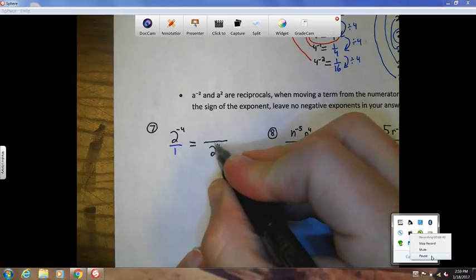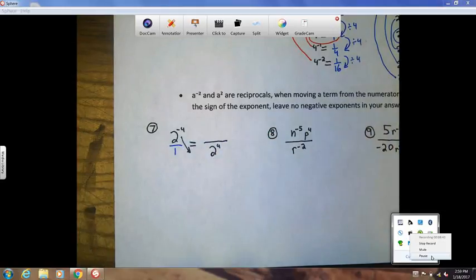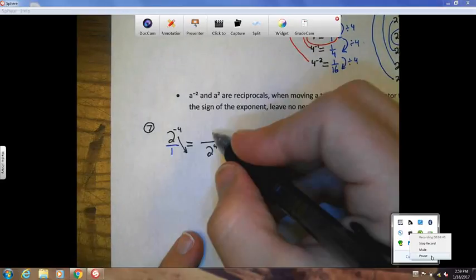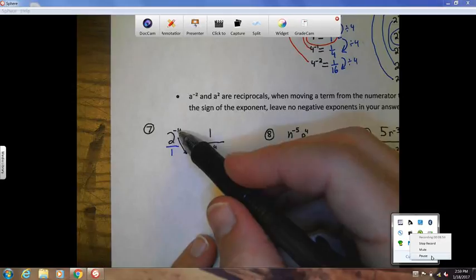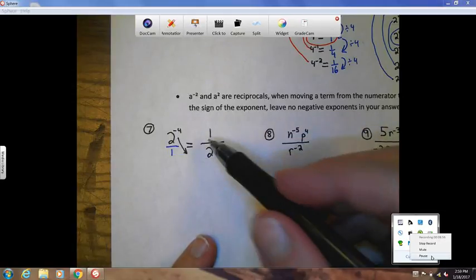And that leaves just a 1 up there. So to change a power from negative to positive, change it from numerator to denominator, or vice versa. So this is 1 over 16.